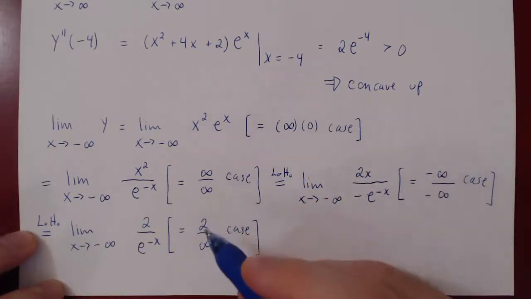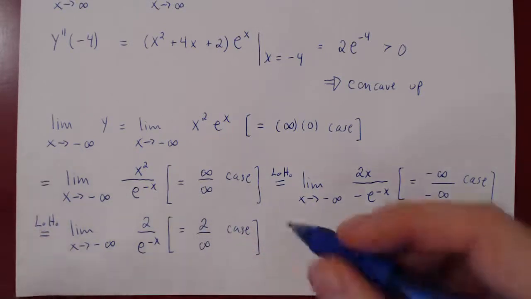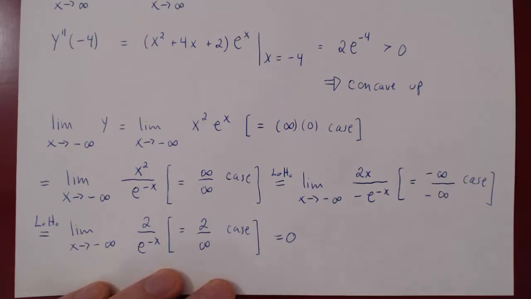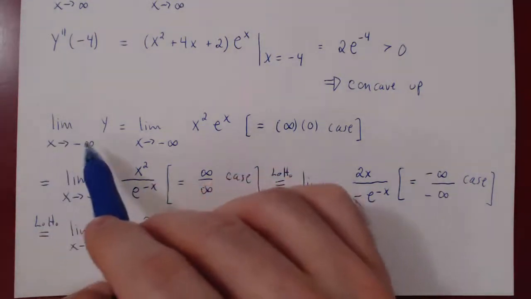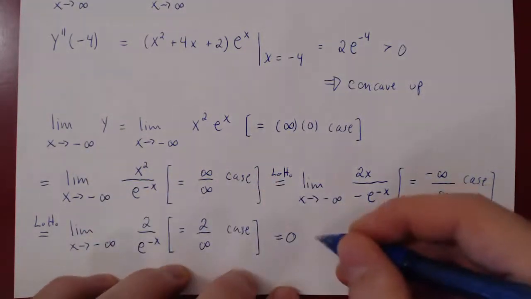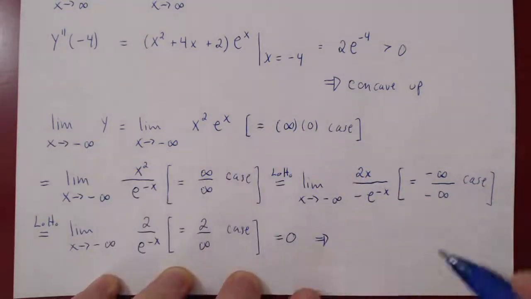And of course, as you divide 2 by something which is getting bigger and bigger and bigger, the fraction is getting smaller and smaller and smaller and approaches 0. So the limit is exactly equal to 0. And so this is the first time that we encounter a horizontal asymptote. As x approaches negative infinity, y approaches 0. So y equals 0 is a left horizontal asymptote.